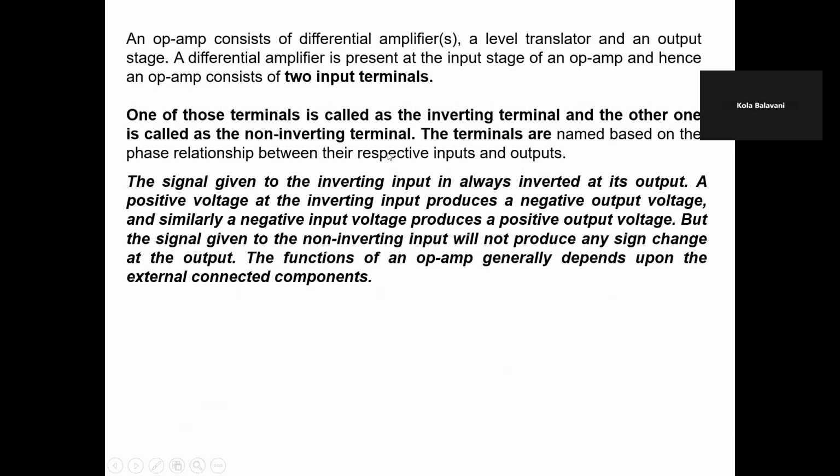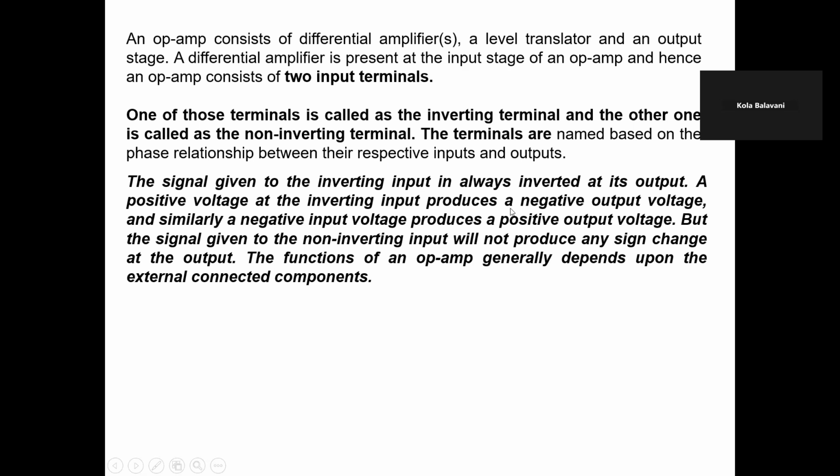It has 2 input terminals, the inverting terminal and the non-inverting terminal. The names are based on the phase relationship between the respective inputs and outputs. The signal given to the inverting input is always inverted at the output.